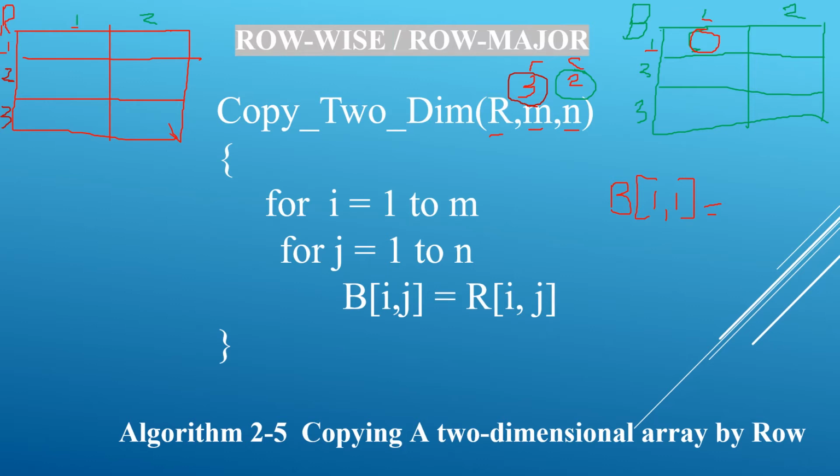Okay, let's have values rather for our array R. So let us say we have A, B, C, D, E, and F. Now, if we have row major, the idea would be we're going to read or process all elements by row.